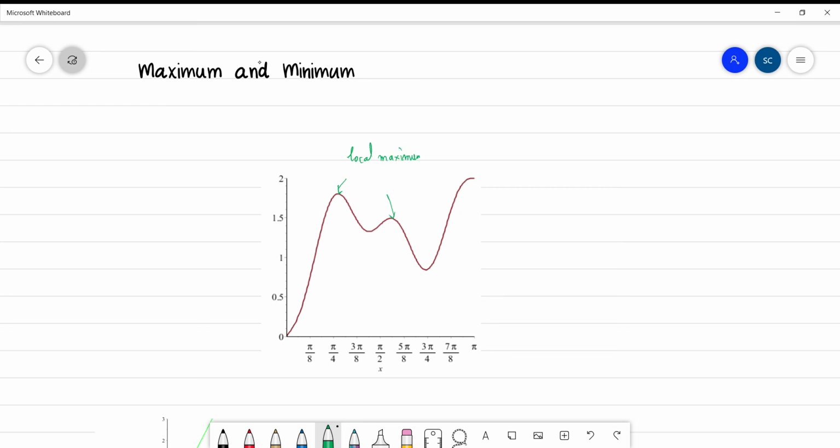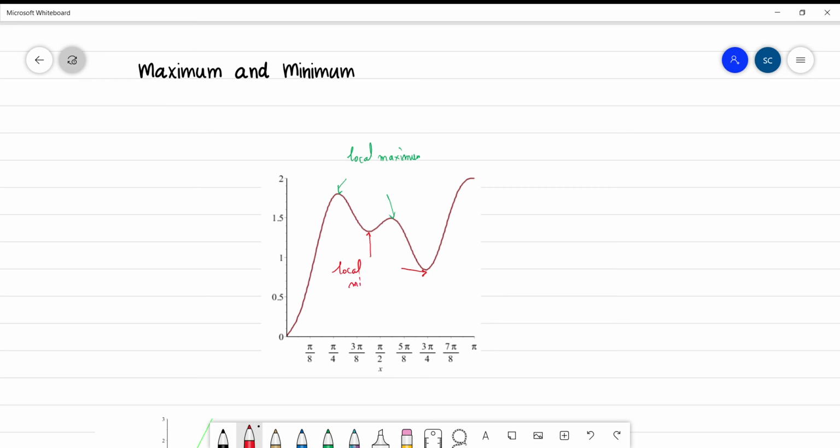Here, these points, if you look at this one, this level, we see the value taken by f is smaller compared to the others on a small interval. So this point, and this one also, we call them local minimum.